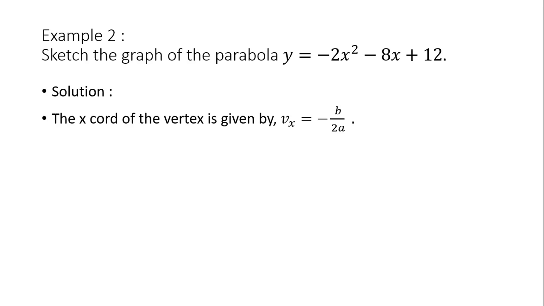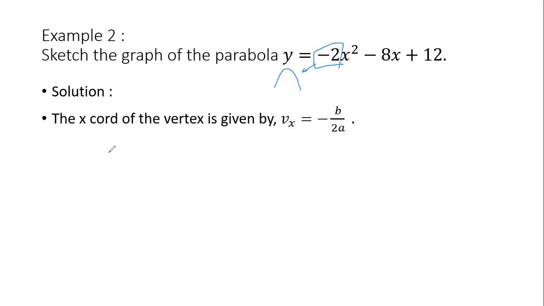We want to sketch this parabola. Looking at this, the coefficient of x square is negative. That means, again, this parabola opens downwards.